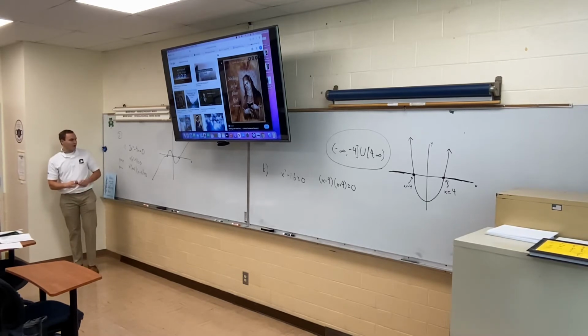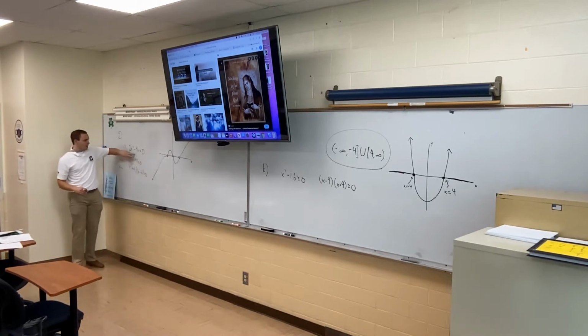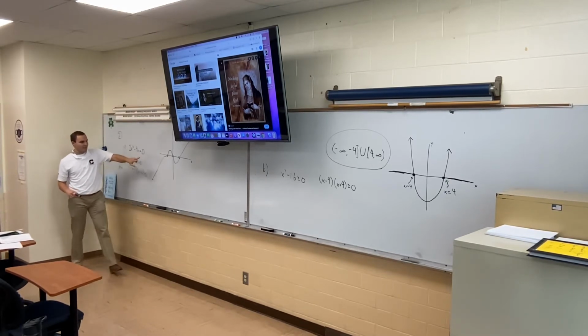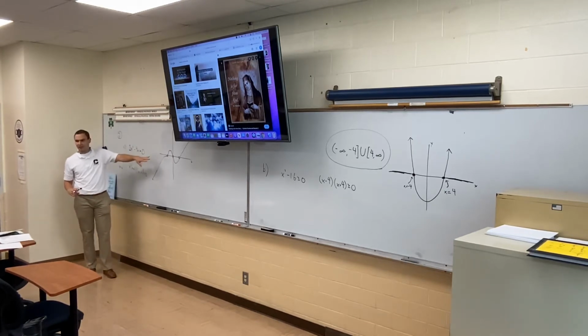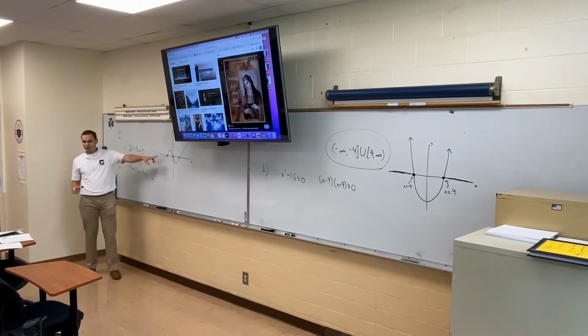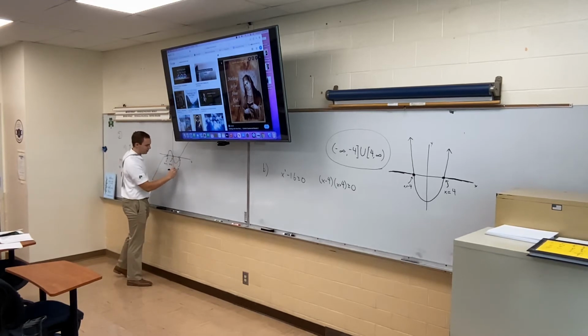So we want everywhere where my curve is above the x-axis, right? We want to know the x's that make this left side greater than 0, that's everywhere my graph is above the x-axis. So what are my two intervals where that's true? Here's x equals -2, x equals 0, x equals +2.